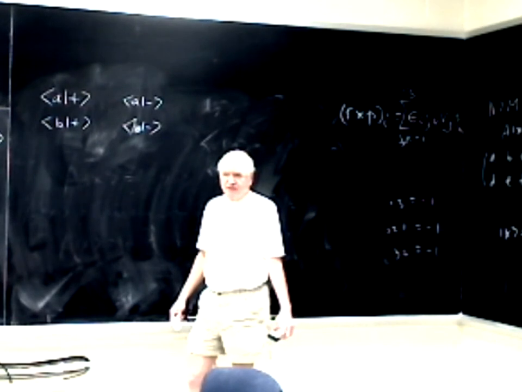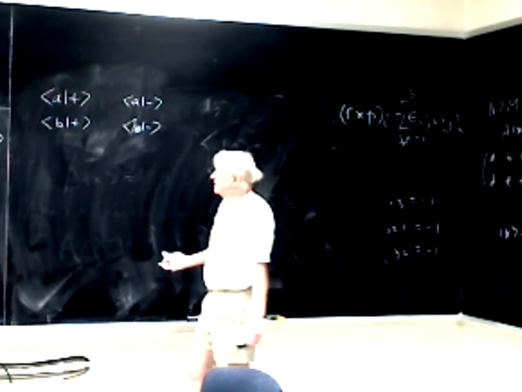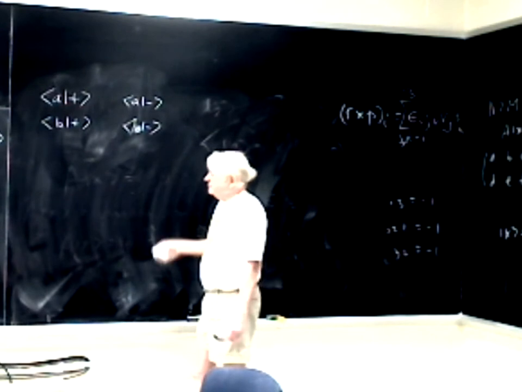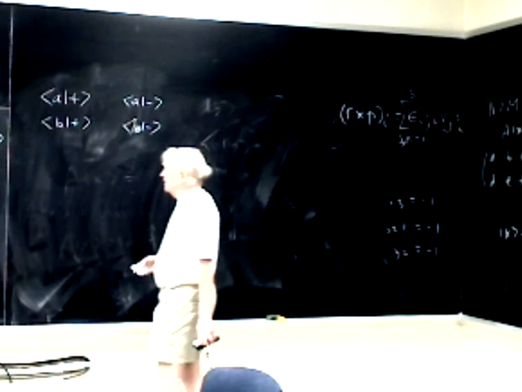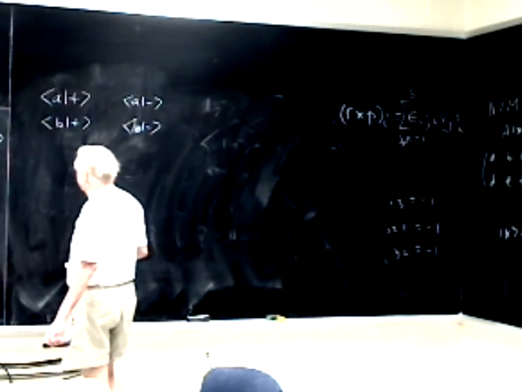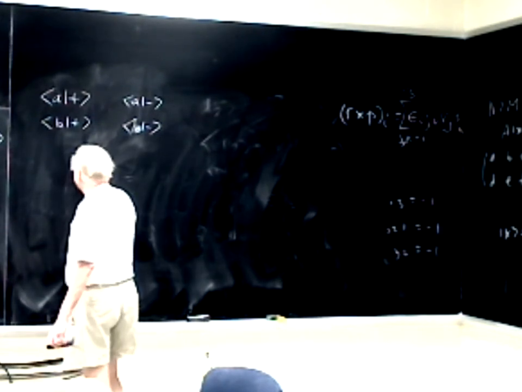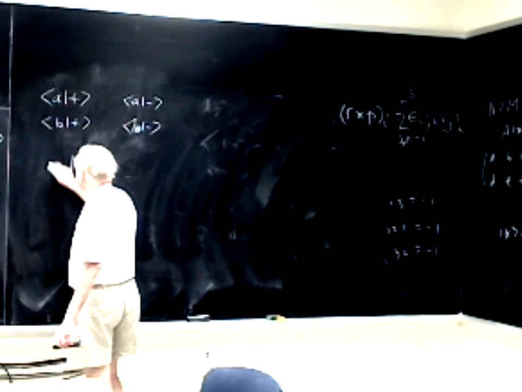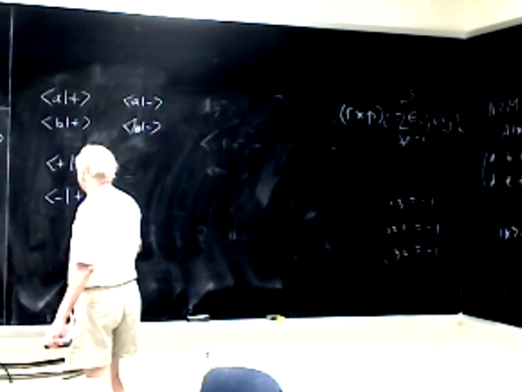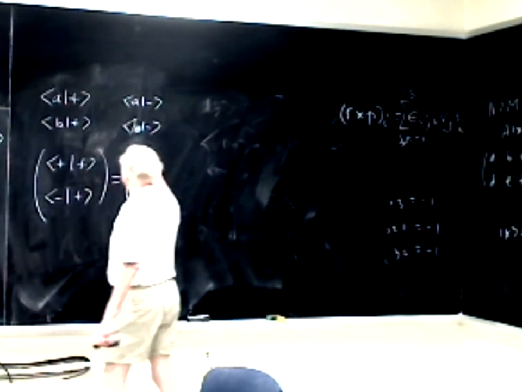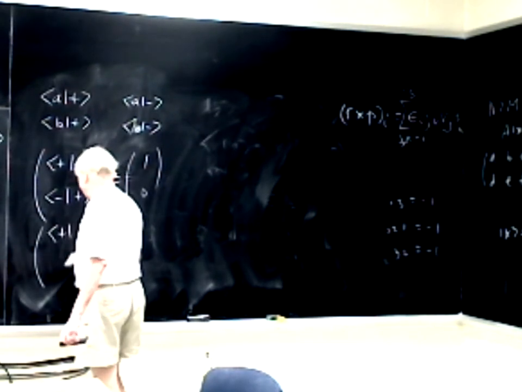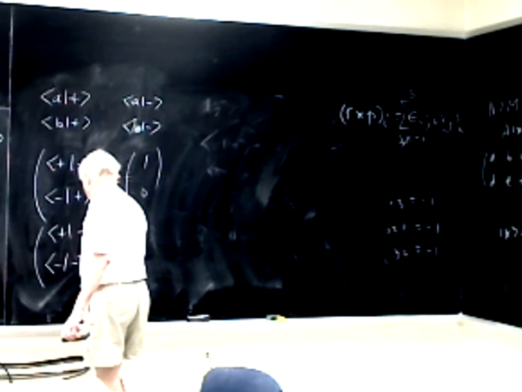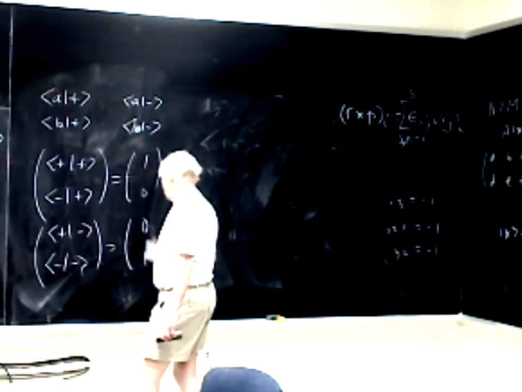But we choose as our basis the vectors plus and minus themselves. And so the top component is plus plus, and the bottom component is that, and then this thing is then 1, 0, and then plus minus minus minus gives us 0, 1.